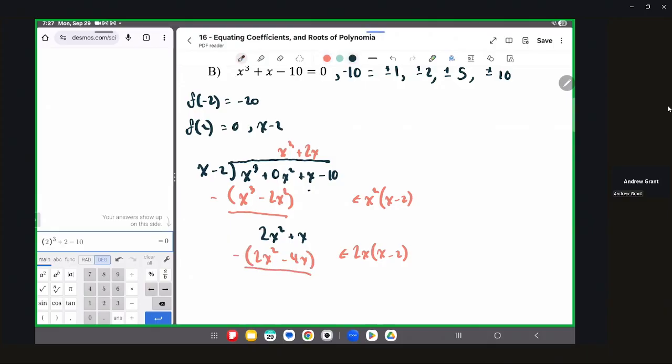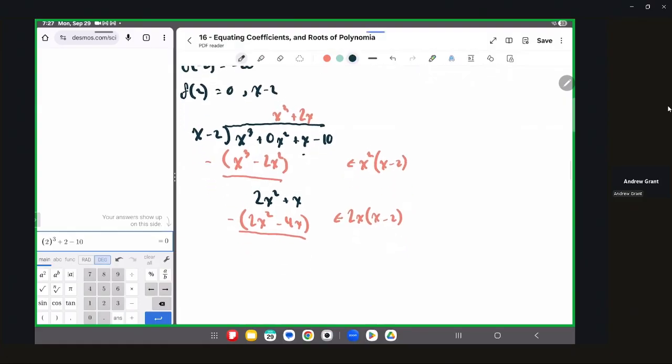We subtract this off. 2x squared minus 2x squared is 0. x minus negative 4x is 5x. Bring down the minus 10. How many times does x go into 5x? It goes in 5 times.